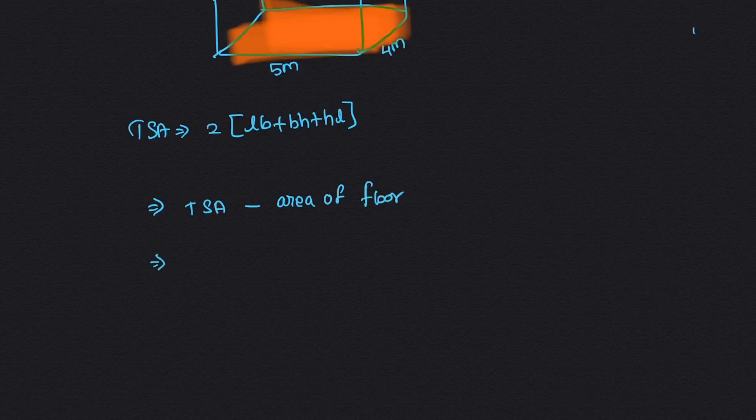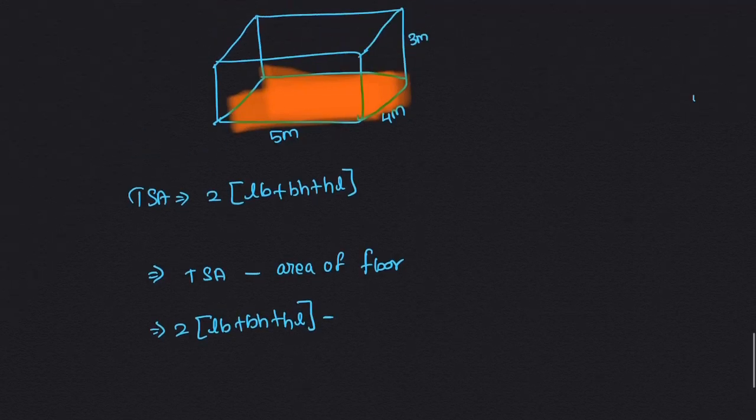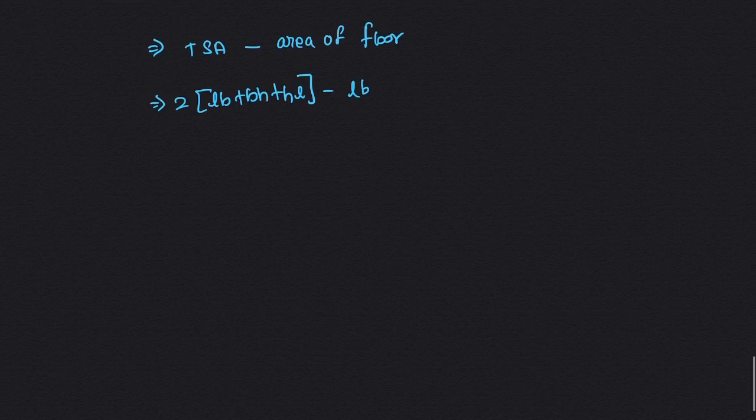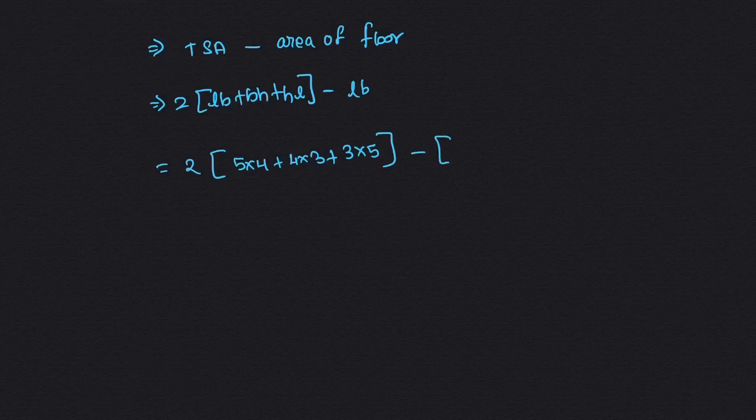So TSA means 2 times (LB plus BH plus HL), and the area of the floor is length and breadth, so LB. Just substitute: 2 times (5 cross 4 plus 4 cross 3 plus 3 cross 5) minus 5 cross 4.